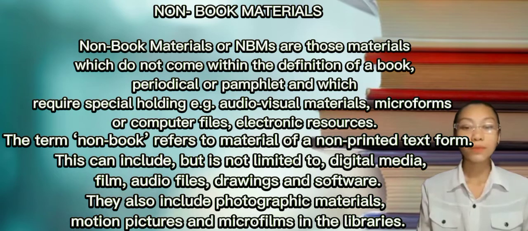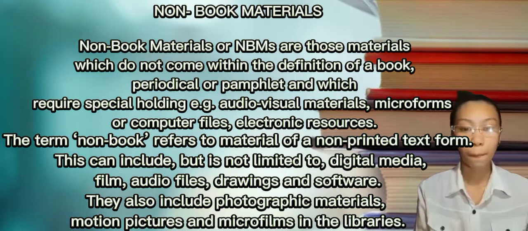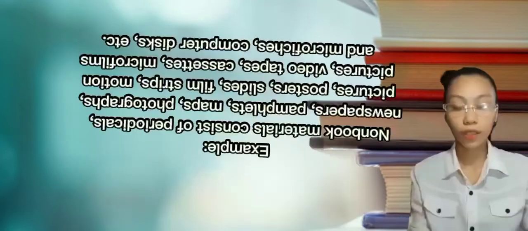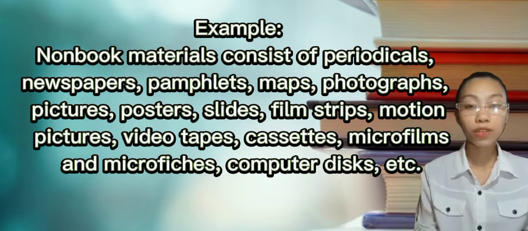This can include but is not limited to digital media, film, audio files, drawing, and software. They also include photographic materials, motion pictures, and microfilms in the libraries. Non-book materials consist of periodicals, newspapers, pamphlets, map, photographs, pictures, posters, slides, film strips, motion pictures, videotapes, cassettes, microfilms and microfiches, computer discs, etc.